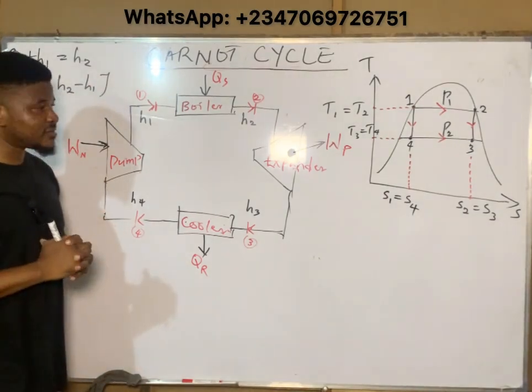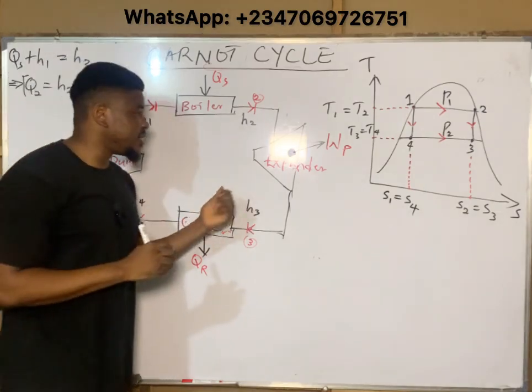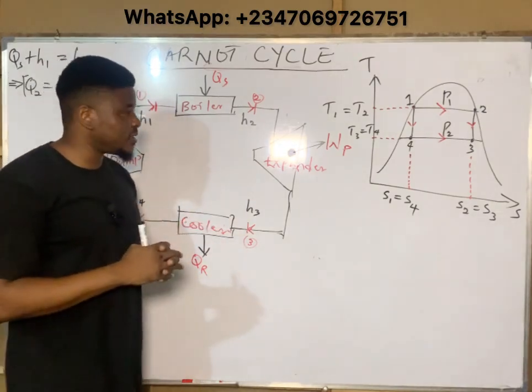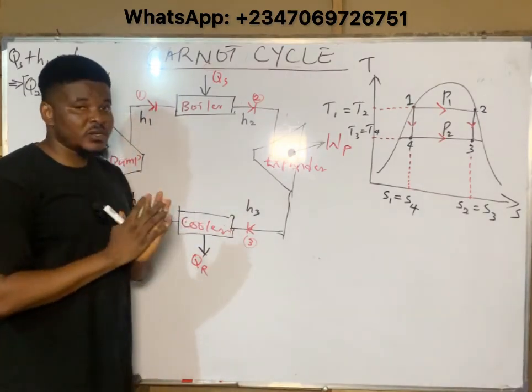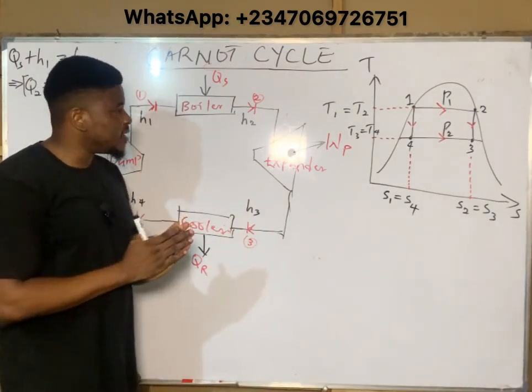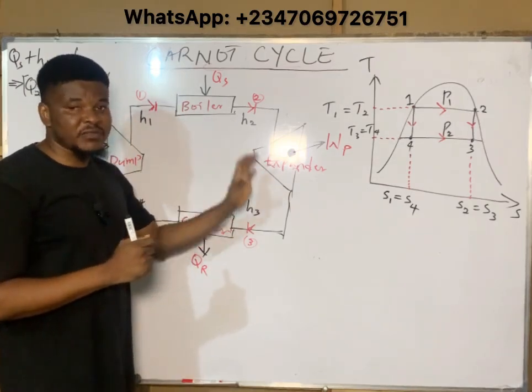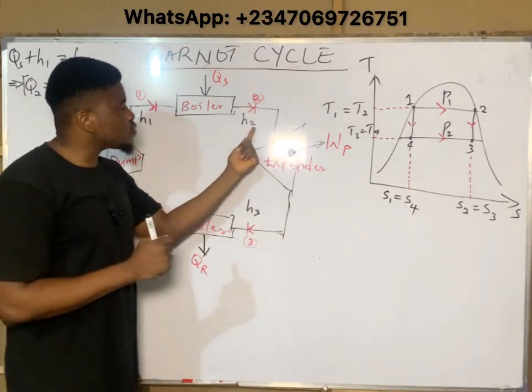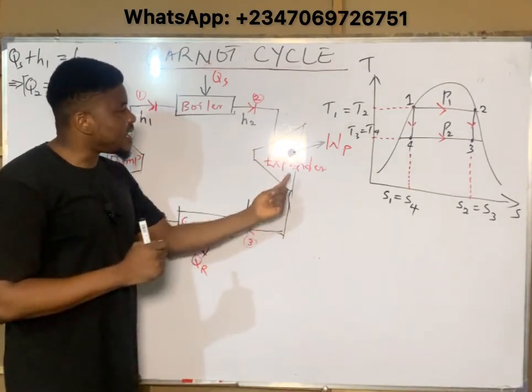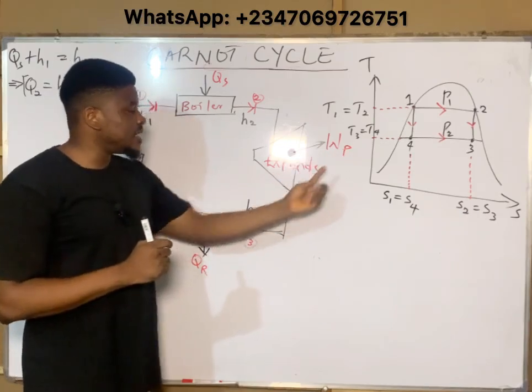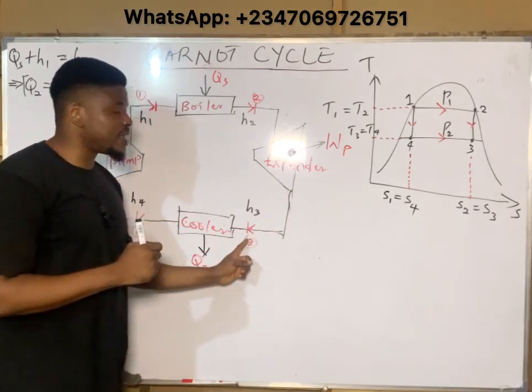As simple as this. We move next to the expander. The expander does positive work. So the same theory is maintained here. The sum of all the parameters entering the expander equals the sum of all the parameters leaving the expander. So I have H2 entering the expander. I have work leaving the expander. I have H3 leaving the expander.